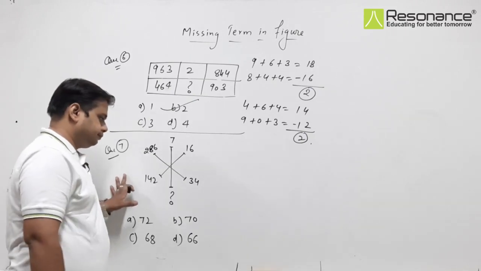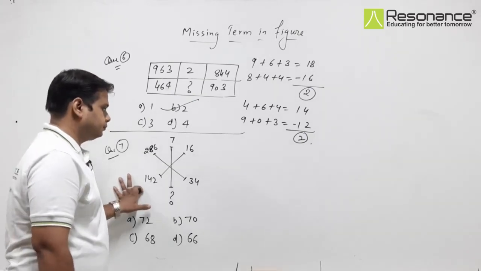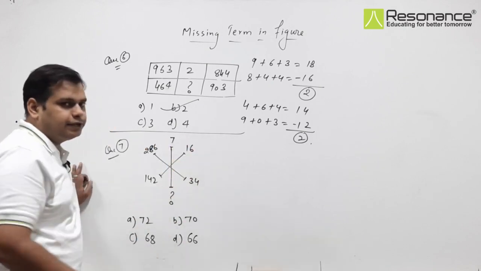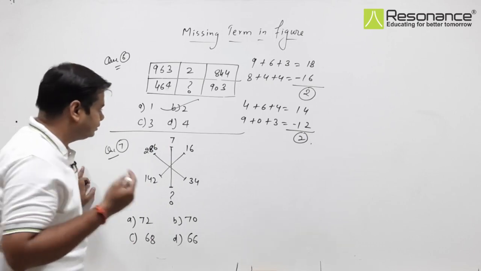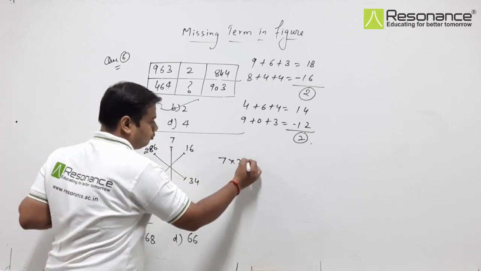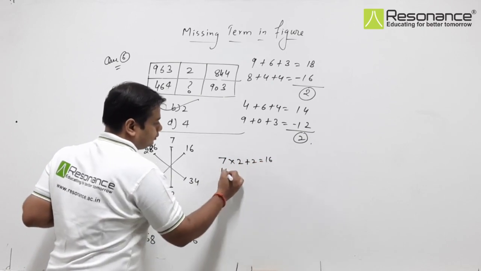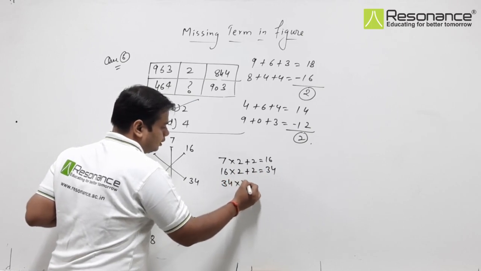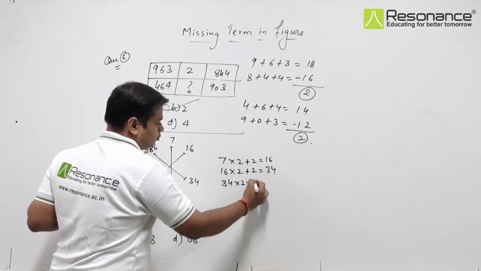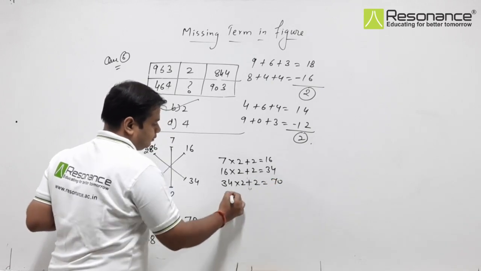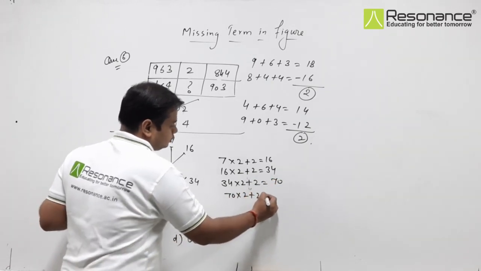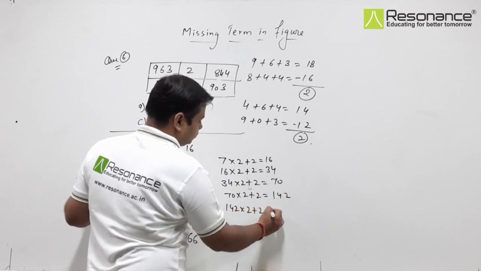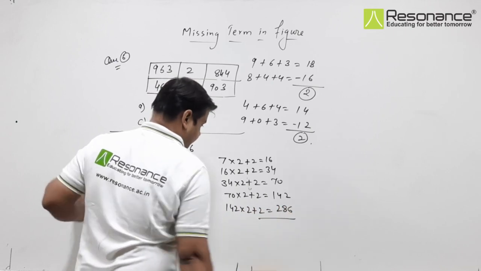Here, 7, 16, 34, the numbers are increasing, it may be like a number series. 7 into 2 plus 2, 16, 16 into 2 plus 2, 34, 34 into 2 plus 2, 70, 70 into 2 plus 2, 142, 142 into 2 plus 2, 286.